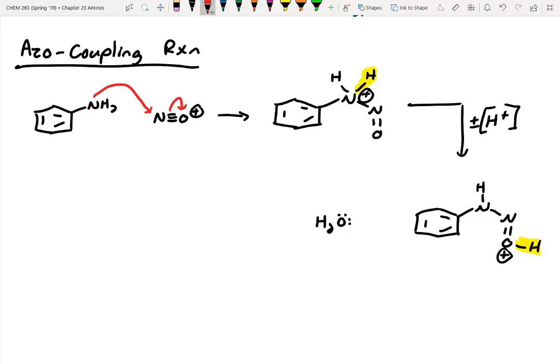Yep, kind of like an elimination. We're going to grab this and cascade electrons to that oxygen to neutralize it, right? I'm going to flip that OH kind of out of the way.